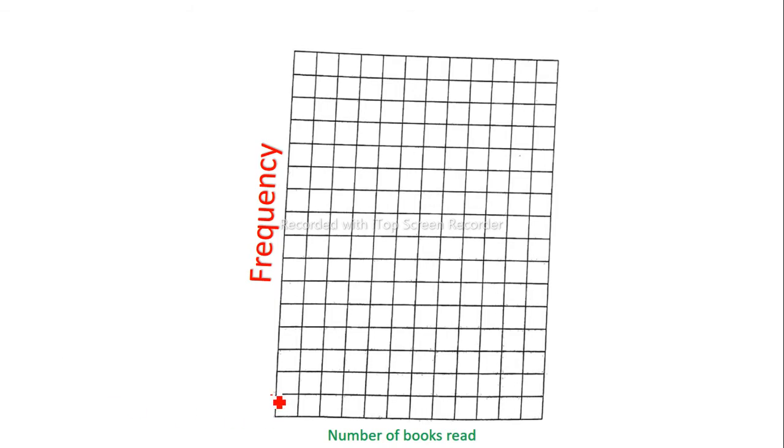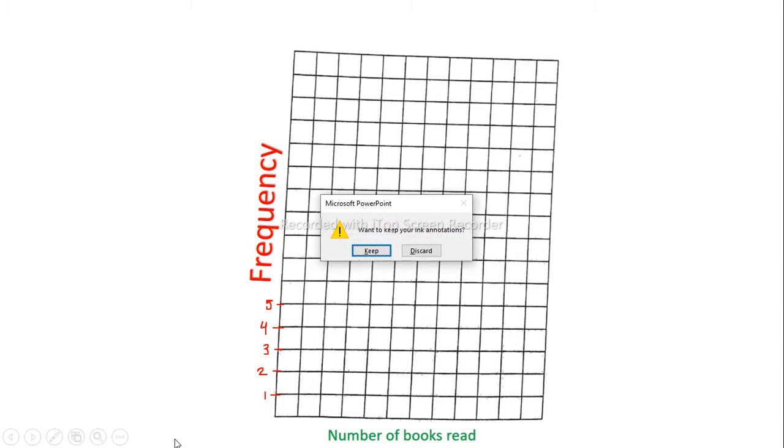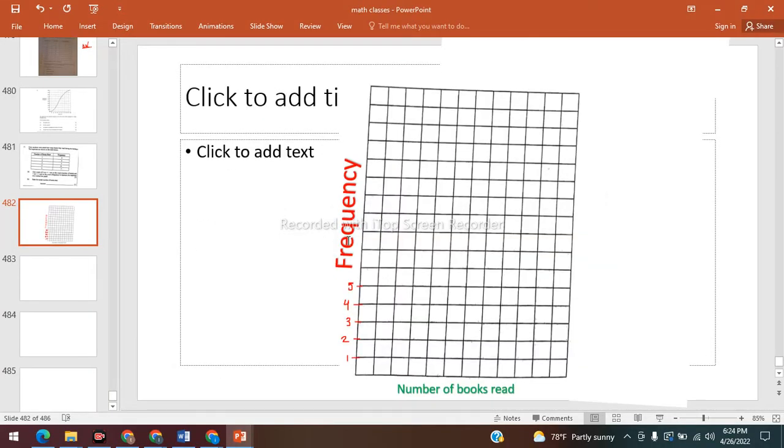So for this one, it's going to be 1. And for this one, it's going to be 2. Yeah, for sure. And for this one, it's going to be 3. Then of course 4, then 5. Let me move this and put this on the side.